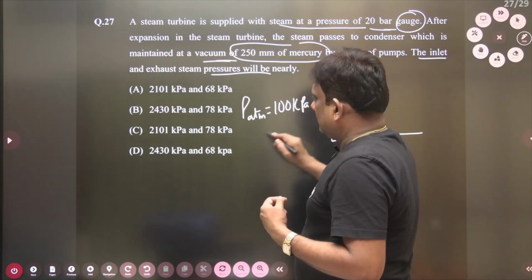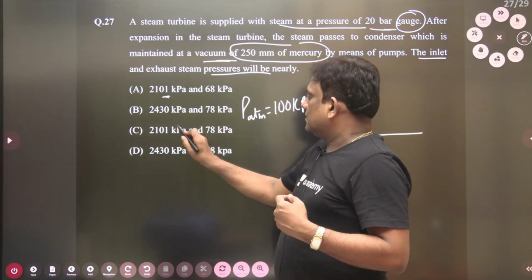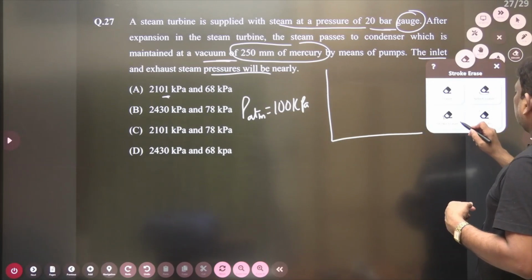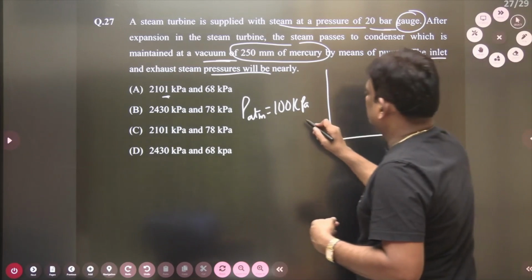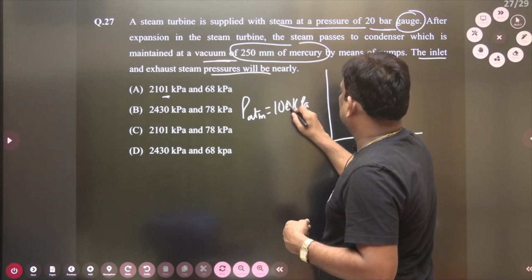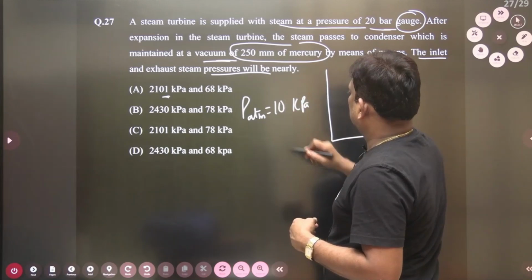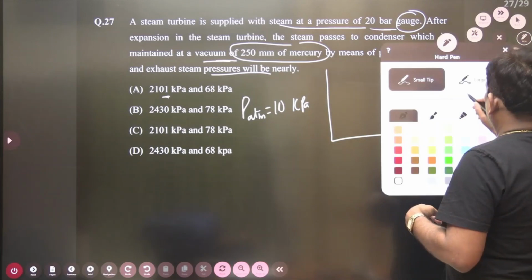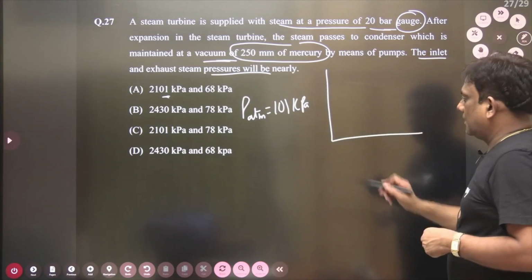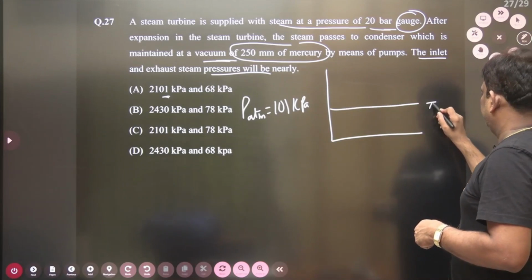Or 101, let's take it, because I see a 1 here, so I am suspecting something. Right, let us take 101 kilopascal. Okay, this is atmospheric.